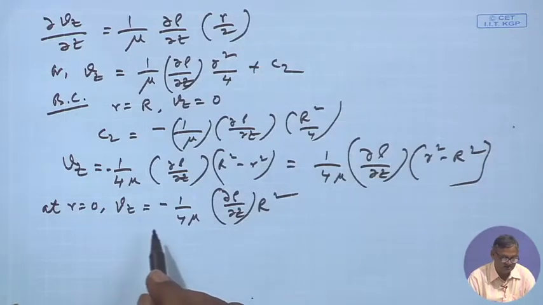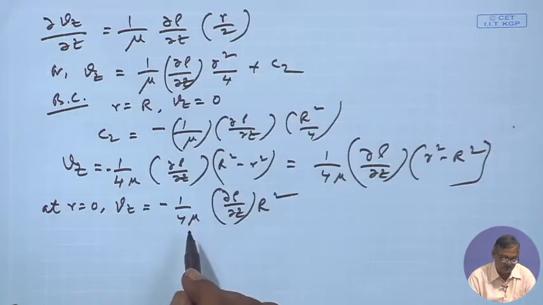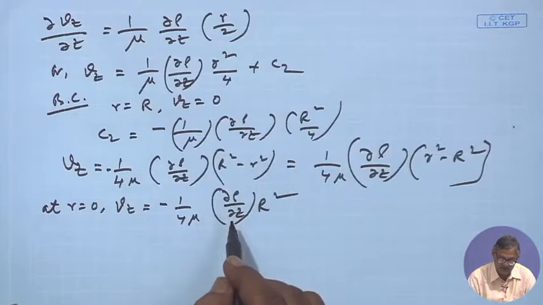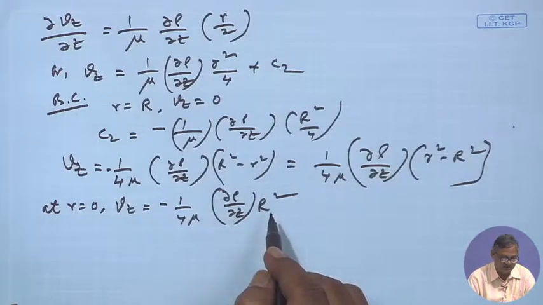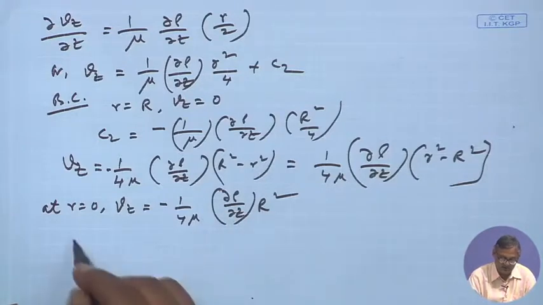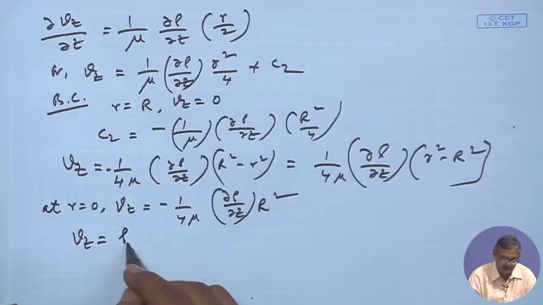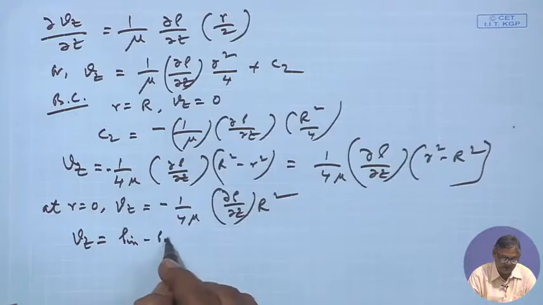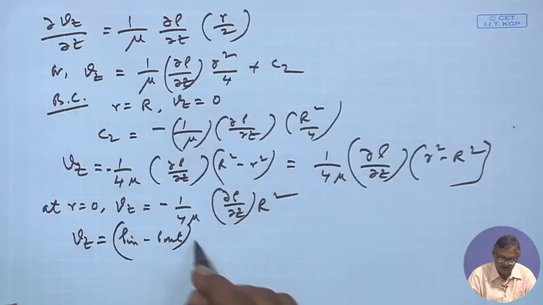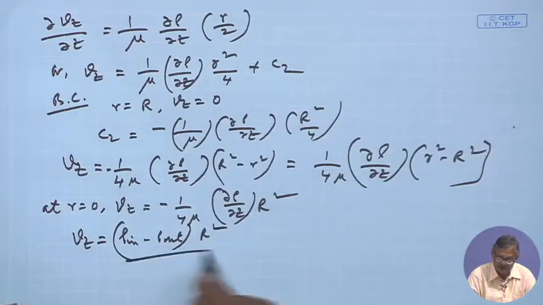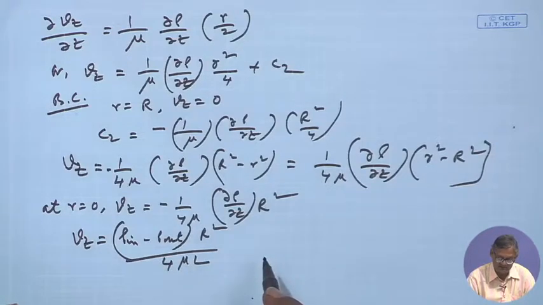Now we can say that Vz is nothing but (P_in − P_out) into R²/(4μL), which is nothing but V max.